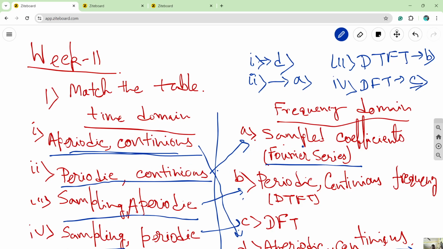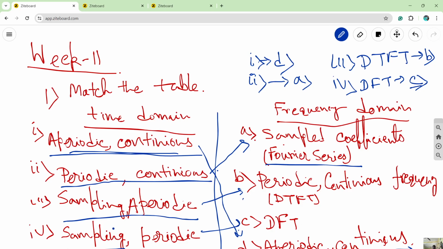It just gives the coefficients. Because it is periodic here, it is sampled here, and it has particular coefficients as it is periodic. Because if it is periodic, then only some particular frequency components exist, and those frequency components are the sample coefficients. Similarly, it is sampled and aperiodic.